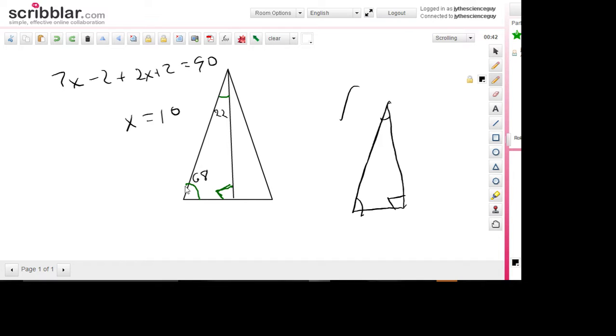And then it wants angle BAD, but it already gave us BAD. It gave you the formula for it, but did it give you the angle for it? Plug x in there.